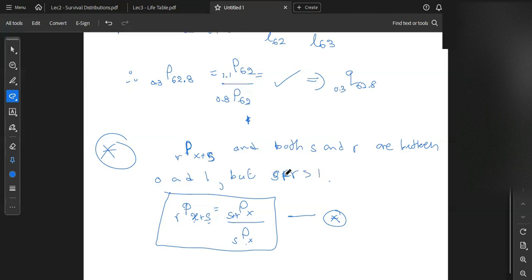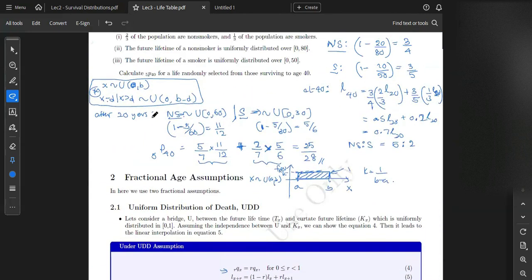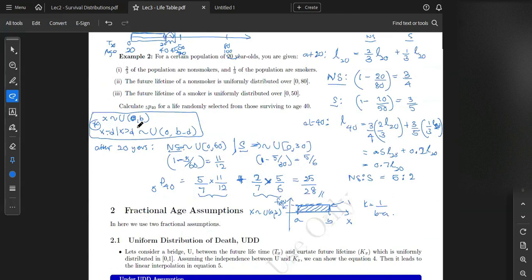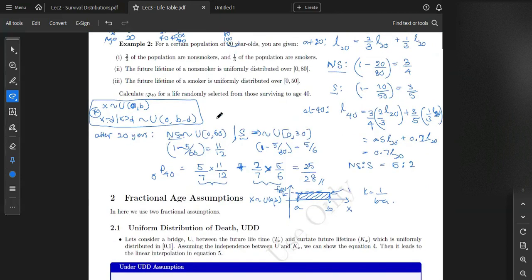If S plus R is less than 1, then there's no need to use this one. You can just use this one because in this example, we saw that once we condition the uniform distribution, we don't care about the survival situation.